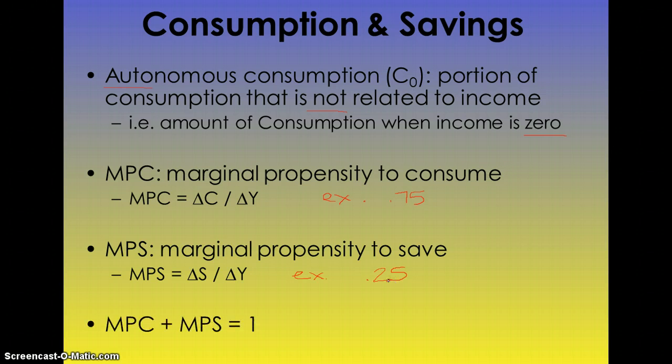And so then our final piece here is that the MPC plus the MPS equals 1. So we know that, again, the two things we do with our disposable income is we spend it or save it, and then that would equal our total 100% done.